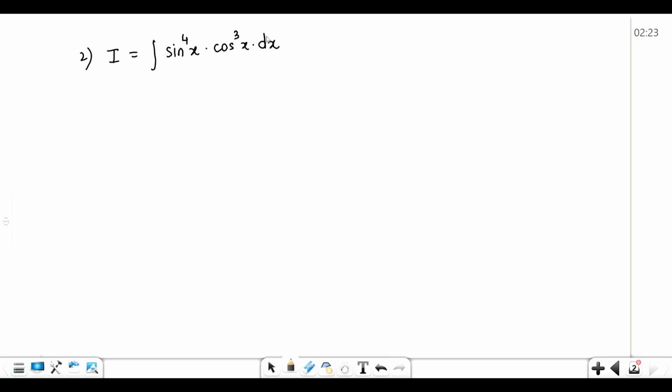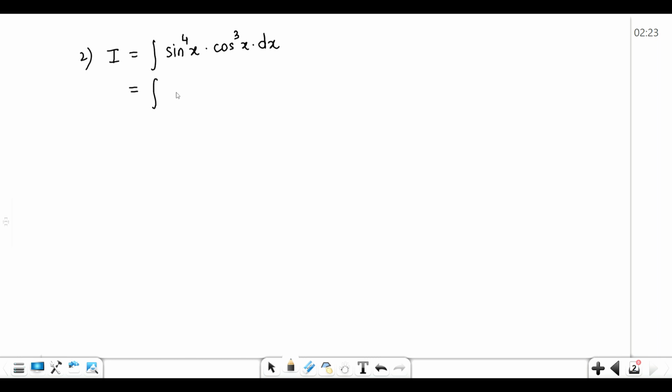Here we have two trigonometric terms, sine as well as cos. The sine has a power of 4 and cos has a power of 3. Now what we will do is keep the sine as it is, but write the cos in a different form.